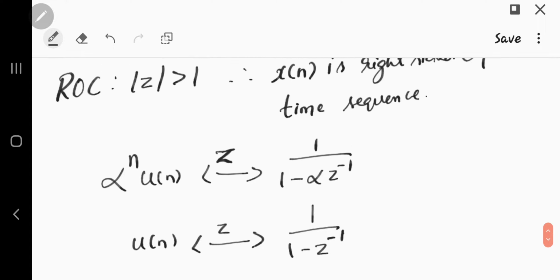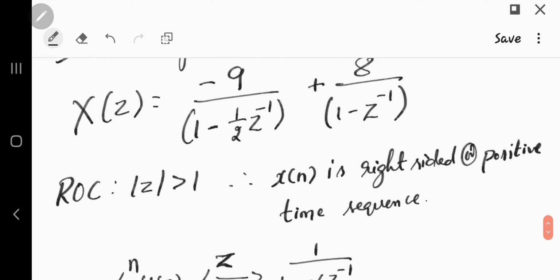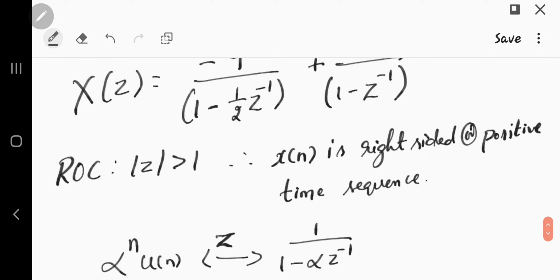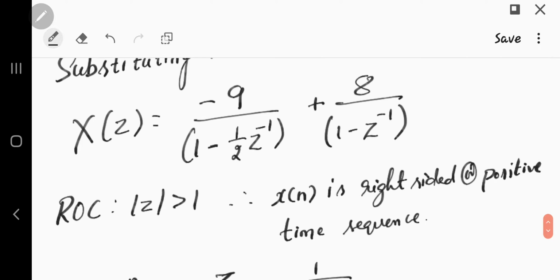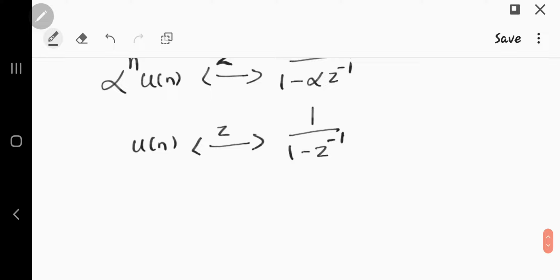Now based on this, if you compare these two, in place of alpha we have 1 by 2, and this one is 1 minus z inverse, we have 1 minus z inverse, same thing.